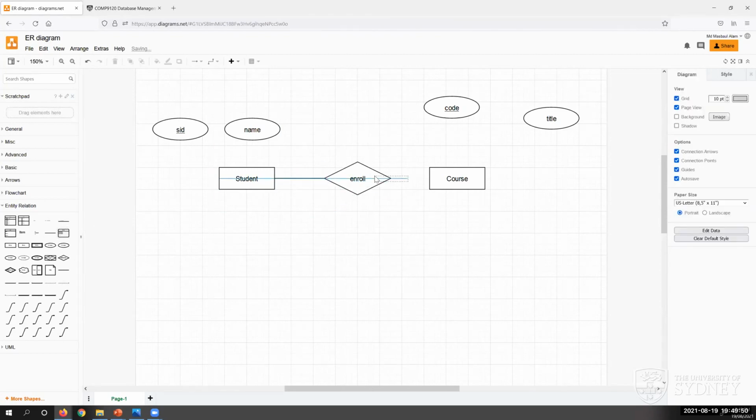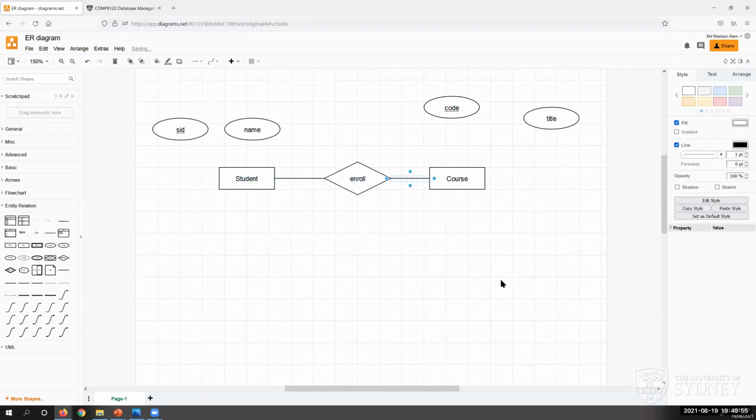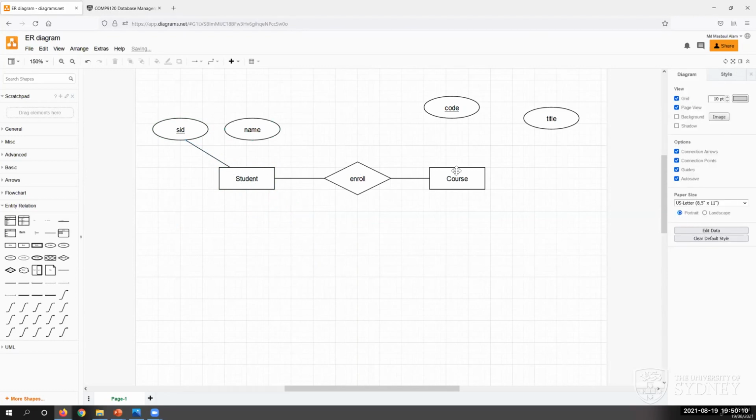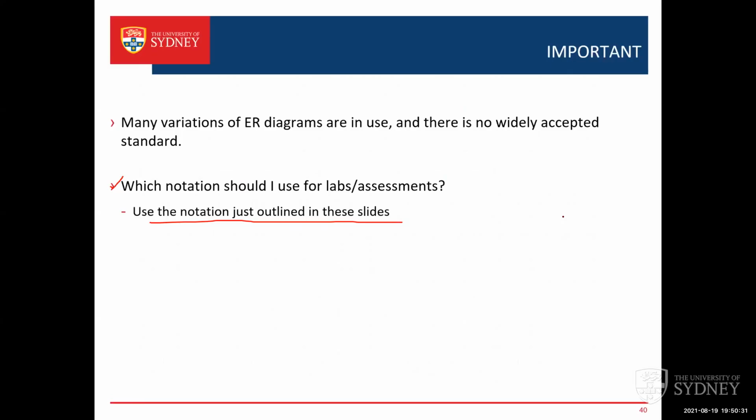So you simply connect these three, and then connect all the attributes that you have in here. Okay. This is how you will connect all the attributes. So again, like I said, you can use any software. In your tutorial session today, your tutor will show you the software that they prefer, probably. Like I said, you can use anything, as long as you follow the notations that we have shown. Okay. Everything's fine.